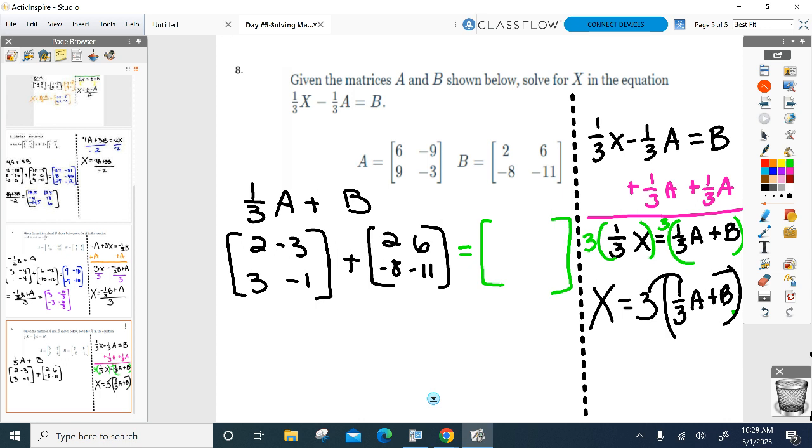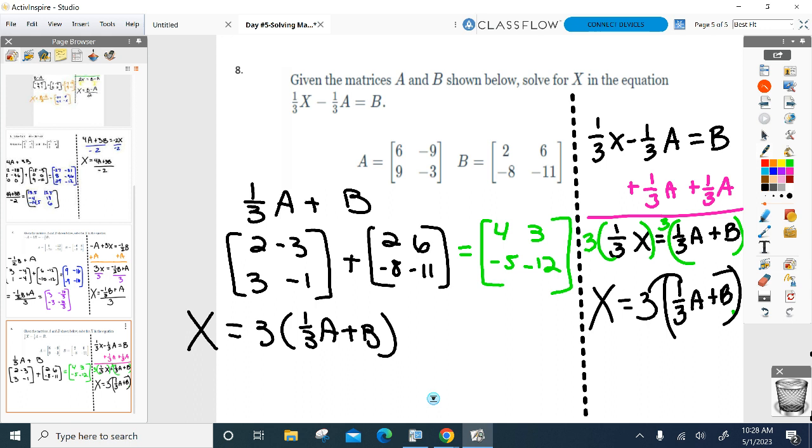Addition can go both ways, just as long as you're doing it with 1/3 A and not A. Yeah, that's a big switch.